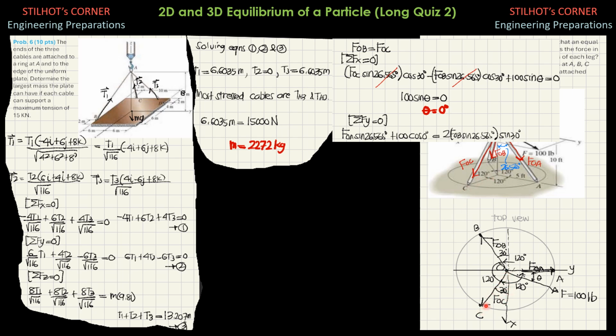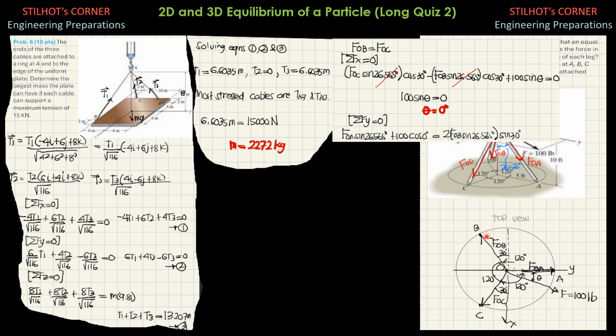Then we multiply that by cosine of 30 degrees, because FOC is directed in this direction, so the x component is positive by multiplying cosine 30 degrees.